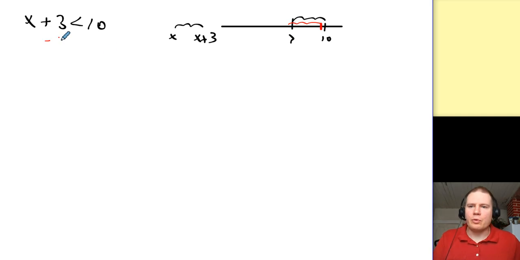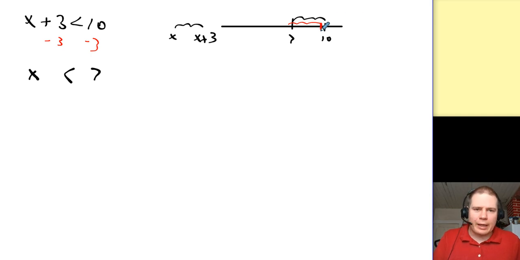If I move both sides to the left by 3, that relationship of the left expression being less than the right expression is preserved. Right? And it's the same thing if I moved both sides to the right.